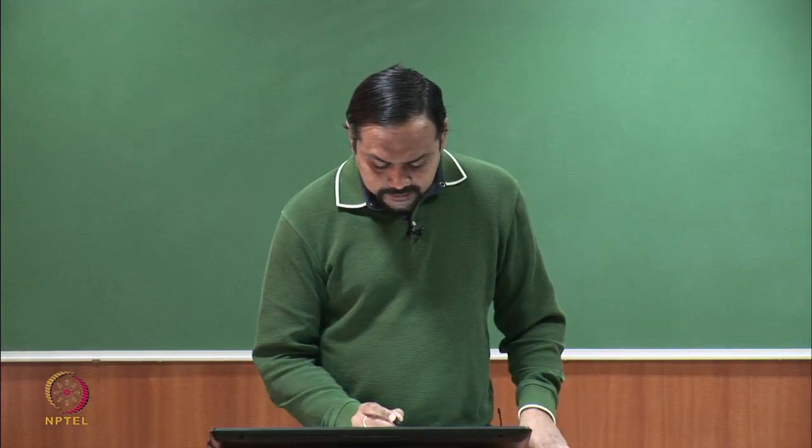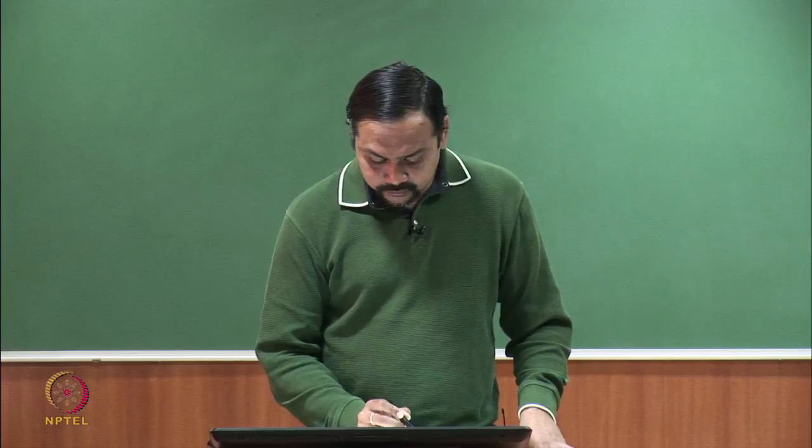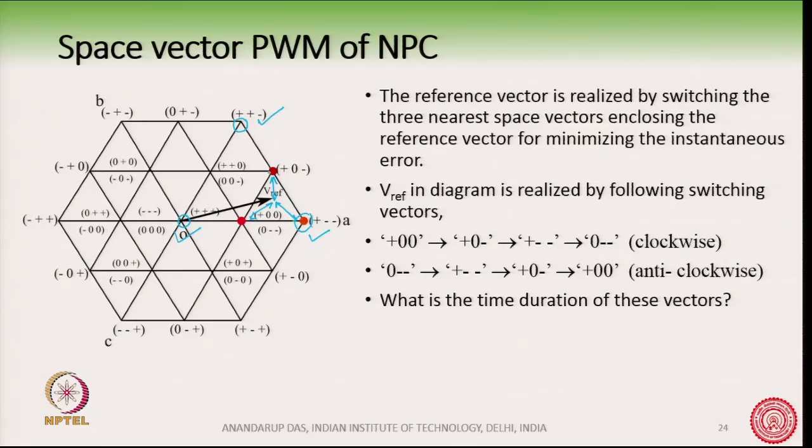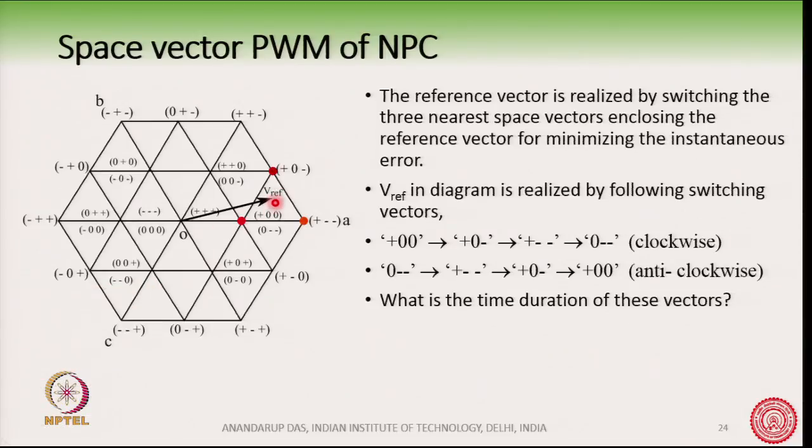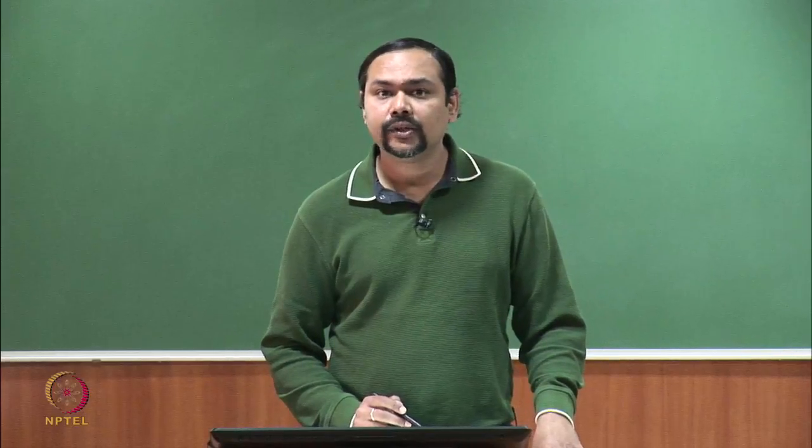So, in this case, suppose we are switching these three vectors, then how will we switch it? Let me rub this instantaneous error off. Suppose Vref is here and we are switching these three vectors, then which are the switching states we are using?